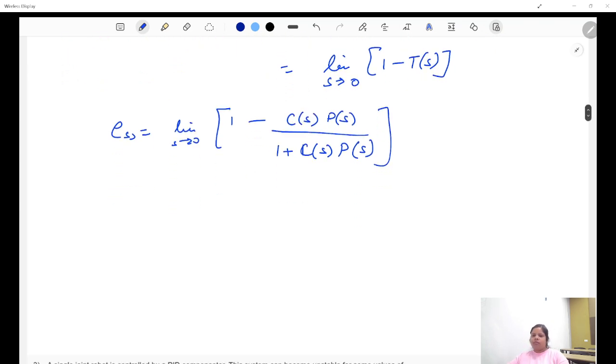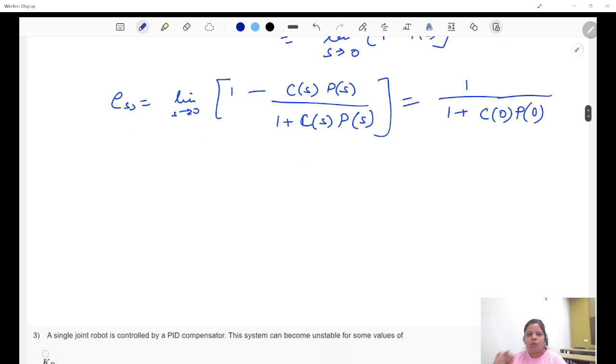Now we can simplify it. 1 plus CS PS will go in the numerator and cancel out the terms, and the denominator will have 1 plus CS PS. We want to estimate it at S tends to 0, so it would be 1 upon 1 plus C0 P0.